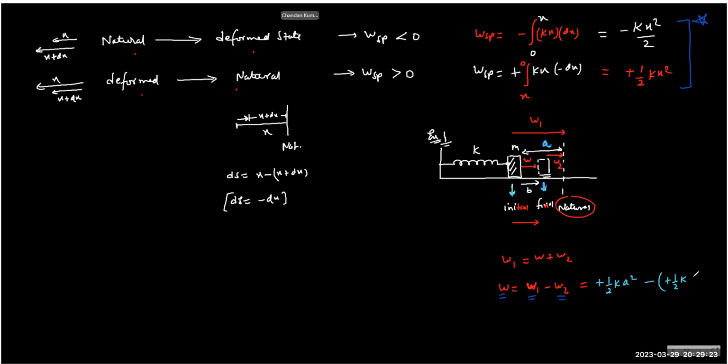A minus B. Very good. You're done. So your answer is half K A square minus half K (A minus B) whole square. And now if you want to simplify, it's half K times (2A minus B) times B.